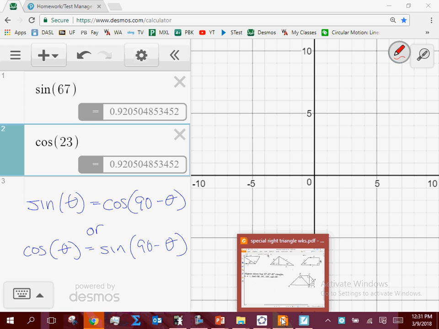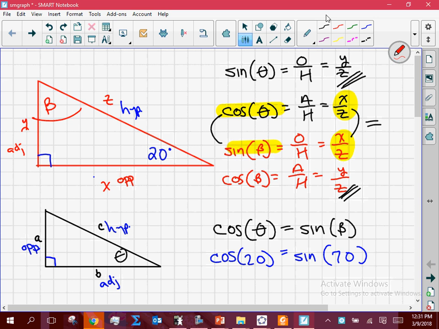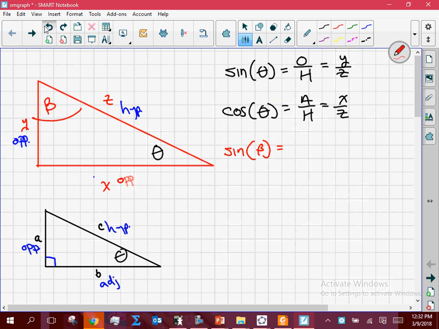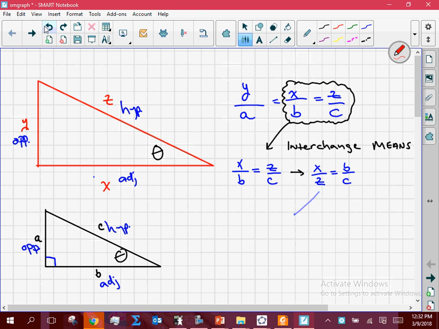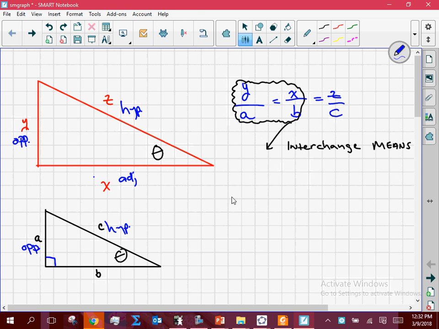Okay, so here's another thing that I want to talk about real quick. If we go back to, because we're missing one ratio. So I go back to this, and I want to compare these two. If I take those two, y over a equals x over b, interchange the means again, so that's going to produce y over x and a over b, right?